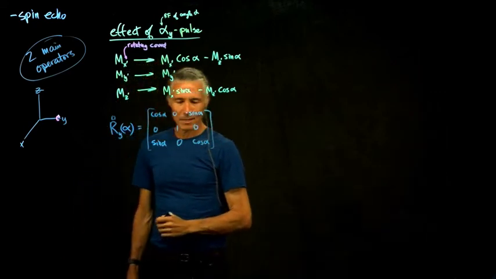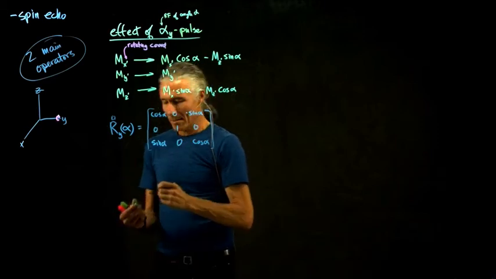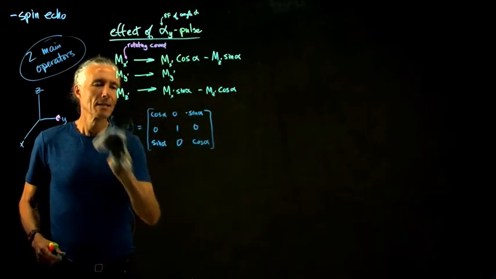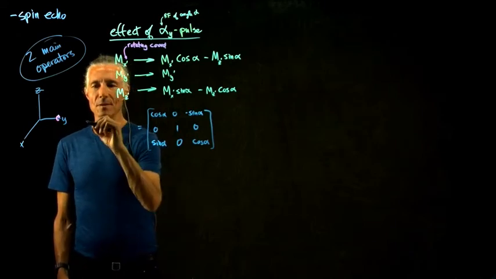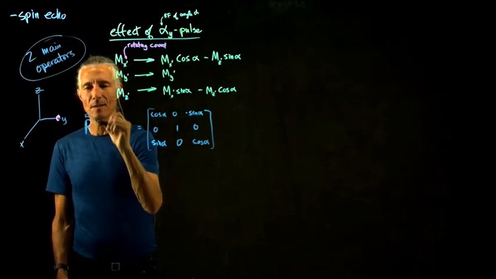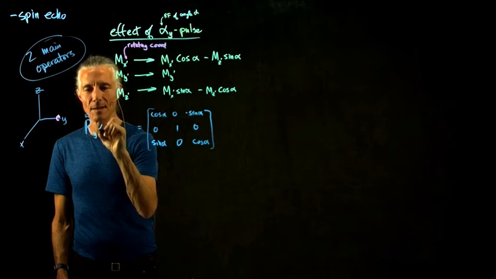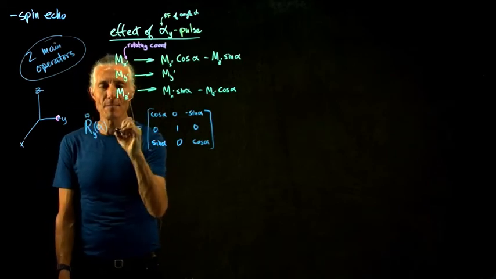We pre-multiply that matrix, which rotates by alpha around the y-axis, times our M vector.